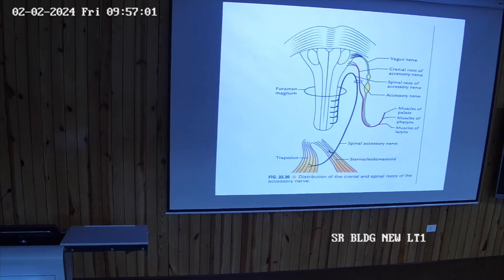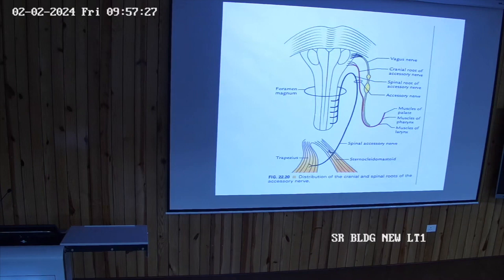While the spinal part of the nerve arises from the ventral horn of the upper 5 cervical segments of the spinal cord, C1, C2, C3, C4, C5.